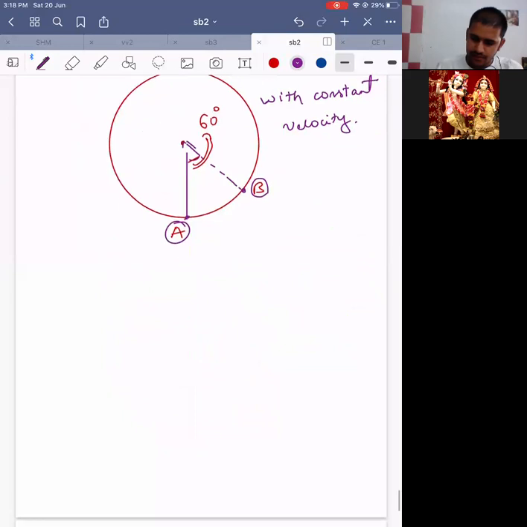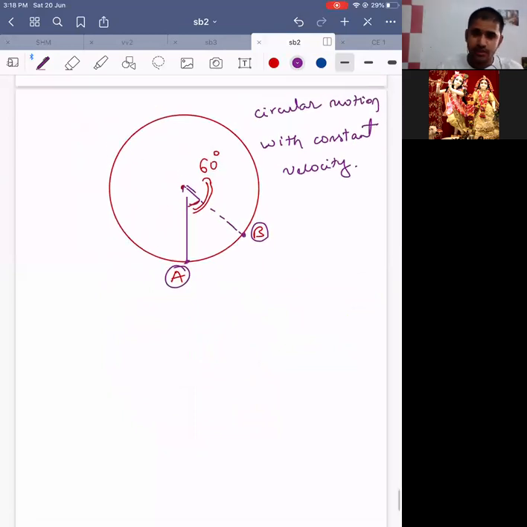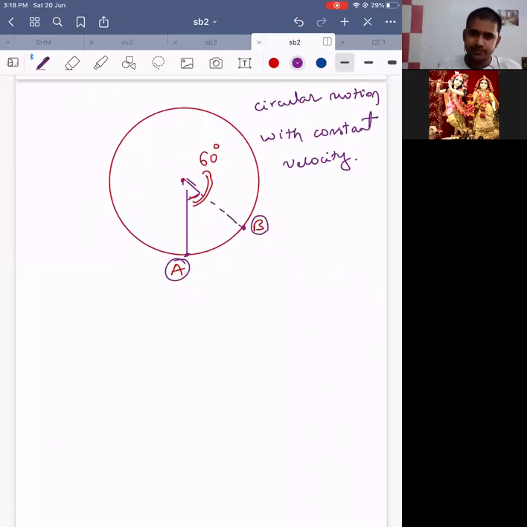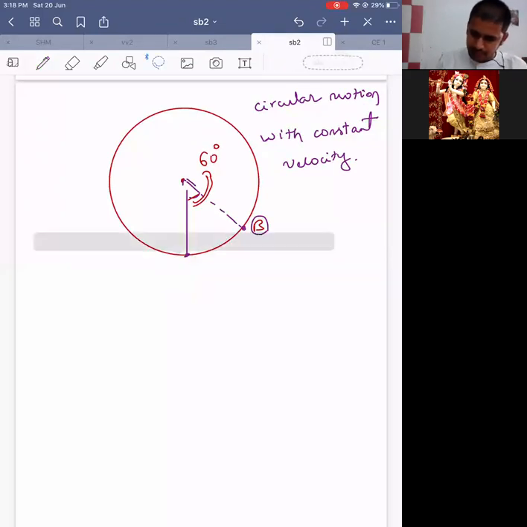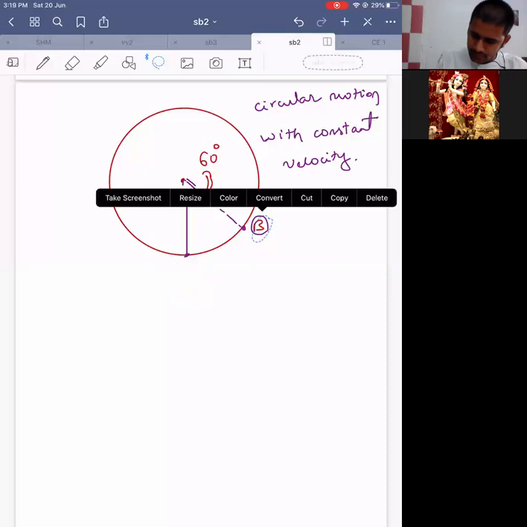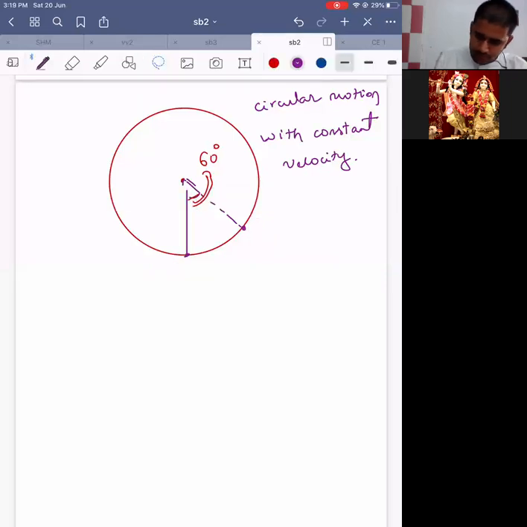So listen carefully. At the lowest point, how will the velocity be? At the lowest point, the velocity is like a tangent. In circular motion, if a body is on the circular path, the velocity will be tangential.